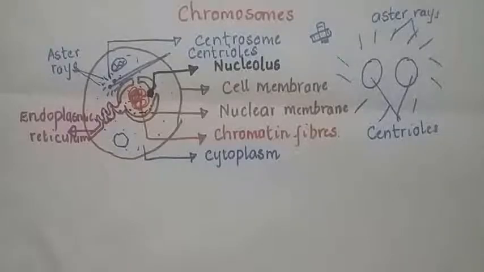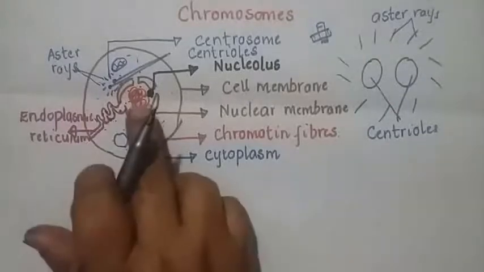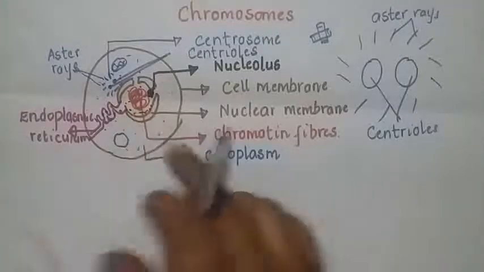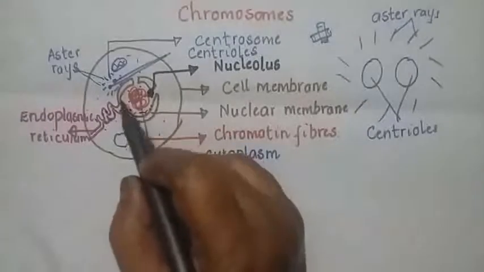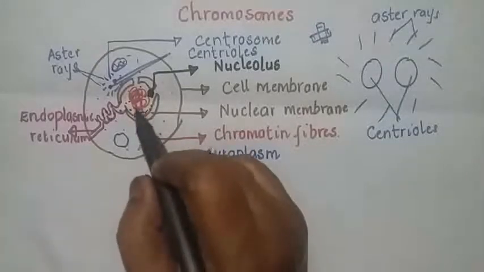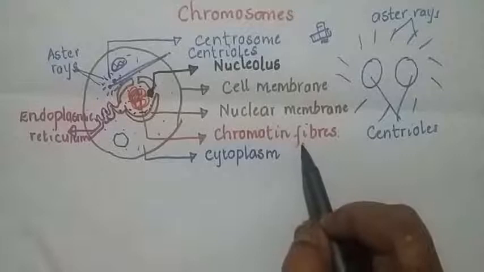Fine, children. So let us start with the structure of the chromosomes. Just now I said that within the nuclear membrane or within the nucleus, we have this highly coiled network, or you can say thread-like structures, known as chromatin fibers.